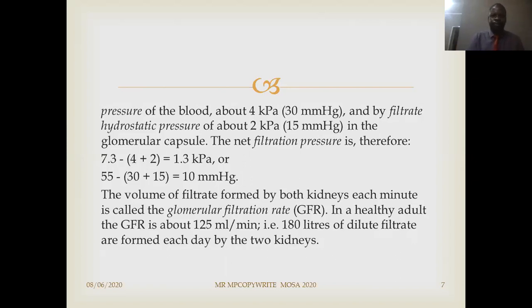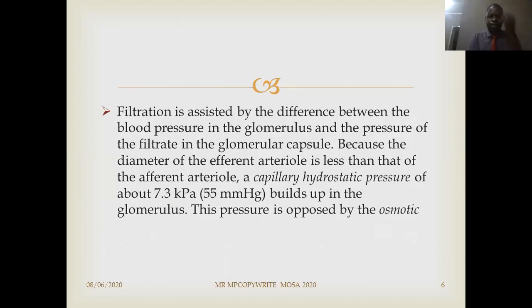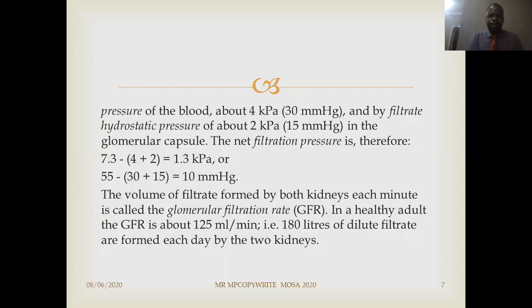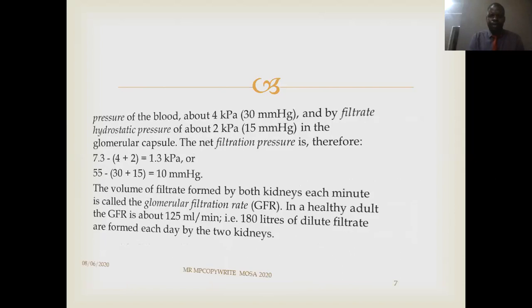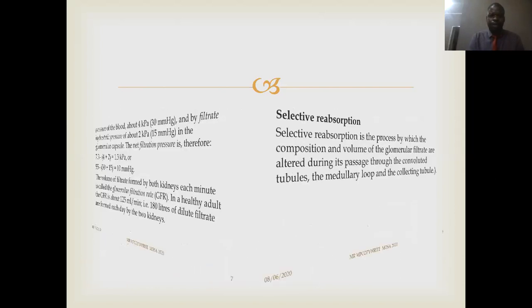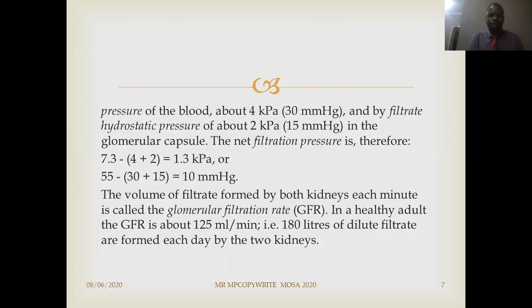So if you look at the 55 millimeters of mercury, which is the capillary hydrostatic pressure, and the osmotic pressure, which is about 30 millimeters of mercury, if you subtract the two, you find that their difference is about 15 millimeters of mercury. This difference helps to bring about the filtration process that takes place in the glomerulus.